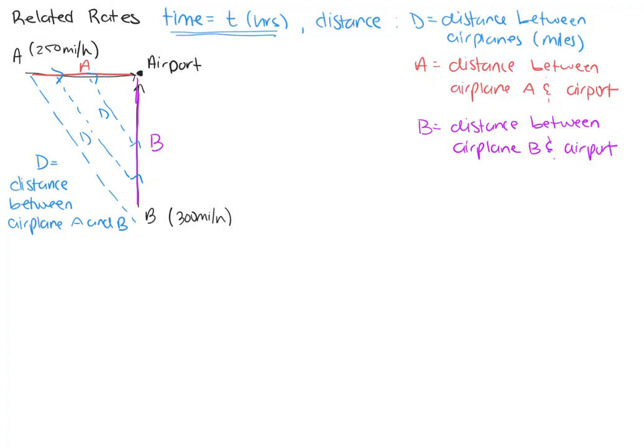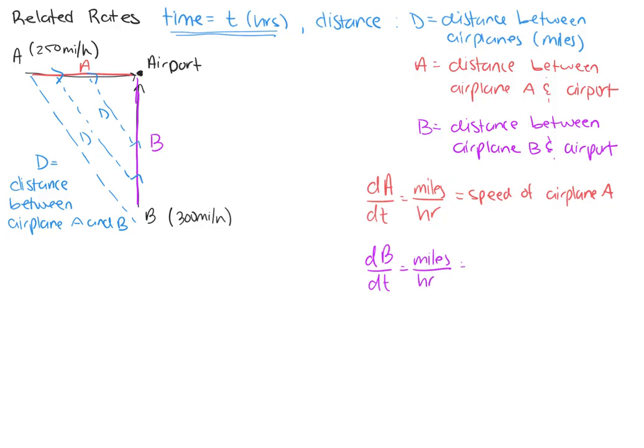If we take the derivative of A with respect to time, that unit is miles per hour, then we have the speed of airplane A. And same thing, if we take the derivative of B with respect to time, the unit in the numerator is miles, the unit in the denominator is hours. Miles per hour gives me the speed of airplane B.